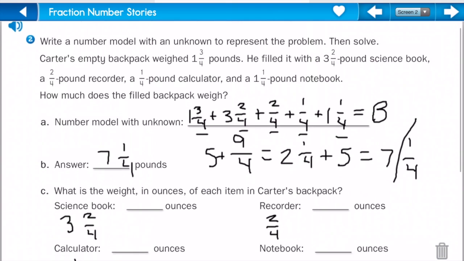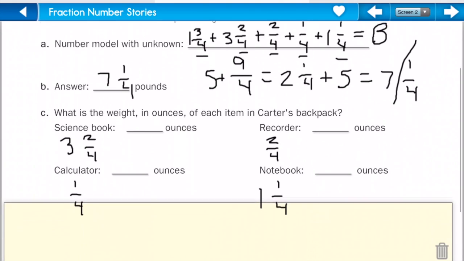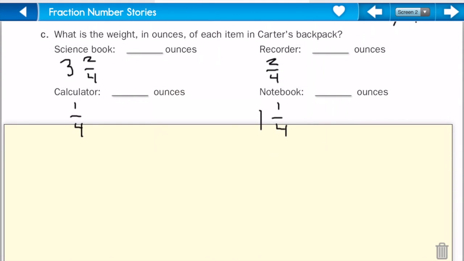And the notebook weighs 1 and 1/4. Okay, so now I have to think, go down here, that there are 16 ounces, that's the abbreviation for ounces, in 1 pound.